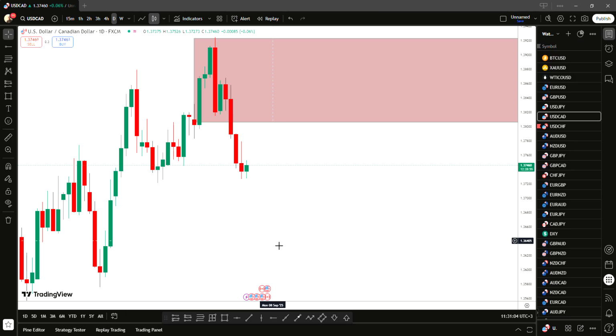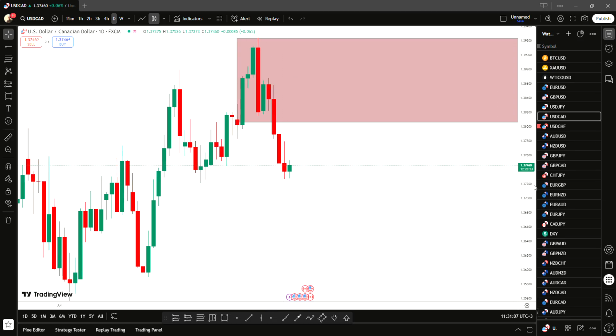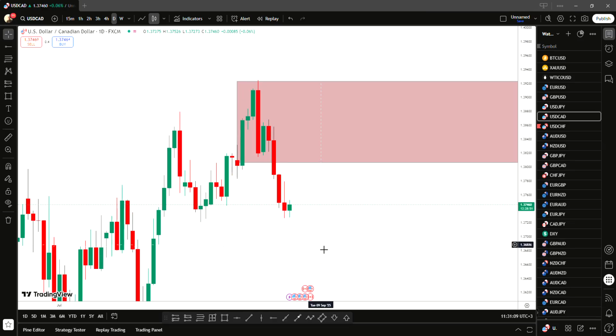People who trade, people who know about candlesticks, people who know about chart patterns, and people who do what? People who trade QM patterns. You see, this is a high, a low, a higher high, and this is looking like a lower low.